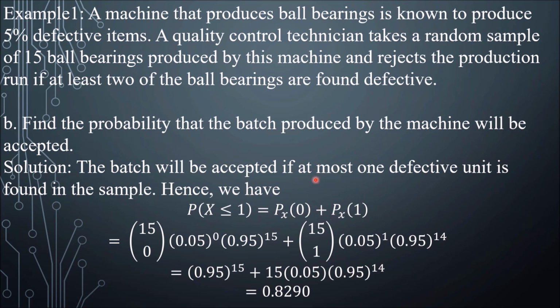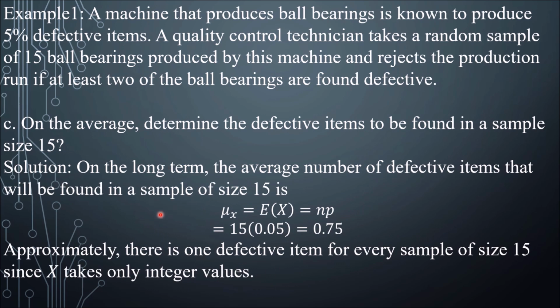The probability that the batch will be accepted is 0.8290. And the batch will only be accepted if at most 1 defective item is found in the sample of 15 ball bearings.